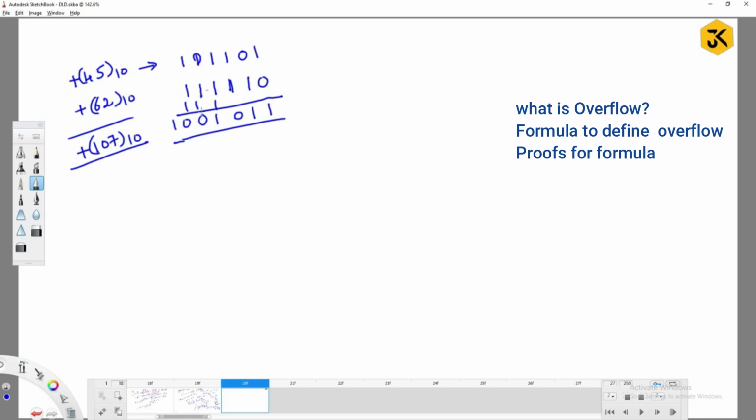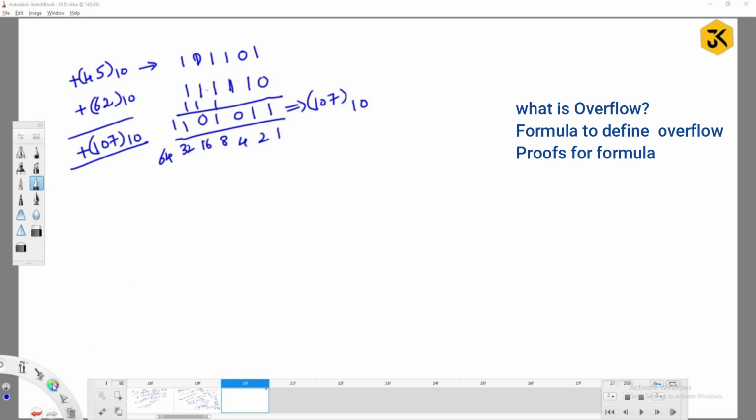This is equivalent to 1, 2, 4, 8, 16, 32, 64. 64 plus 32 and so on. If you calculate, you are going to get 107 base 10.